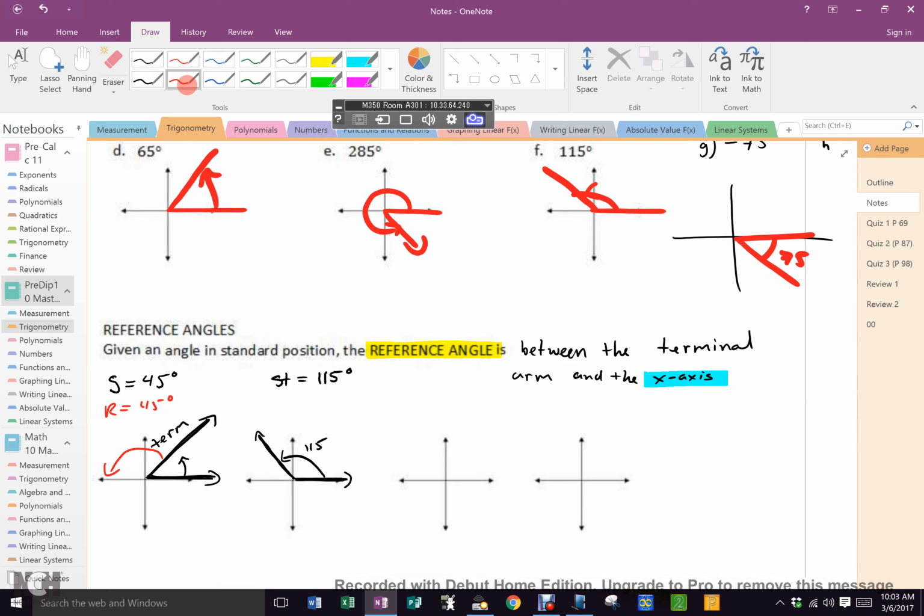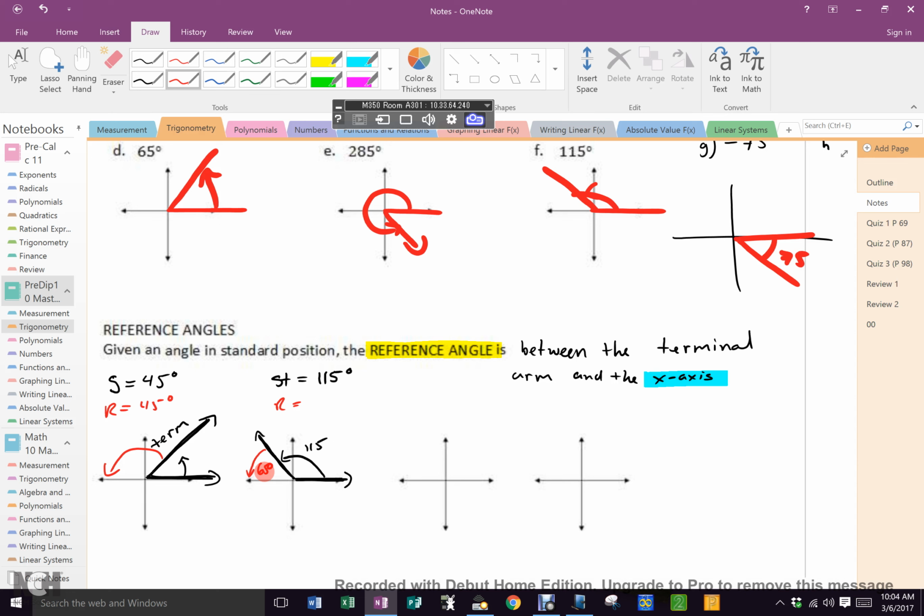What is my reference angle? 65. Why? How did you know it was 65? Bavneet? I already said you could go when she got back. How did you know it was 65?